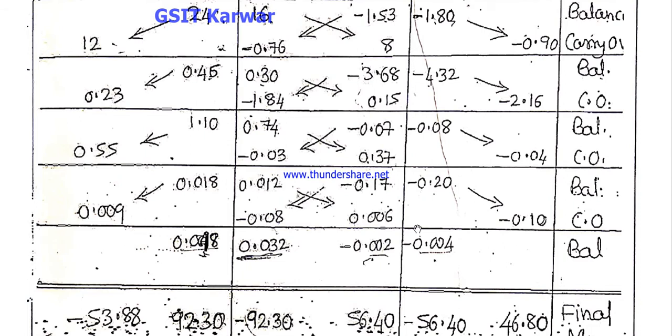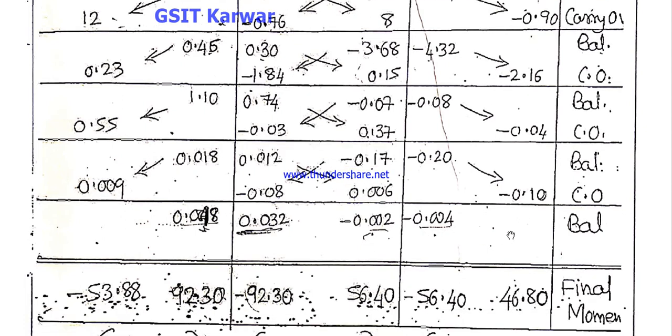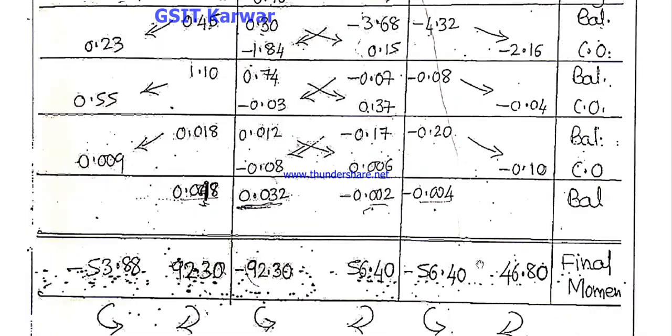When you are getting in the balance step approximately the same answer in the joint, here see 0.018 and 0.032 and 0.02, minus 0.04, approximately the same answer you are getting, then you can stop the calculation.